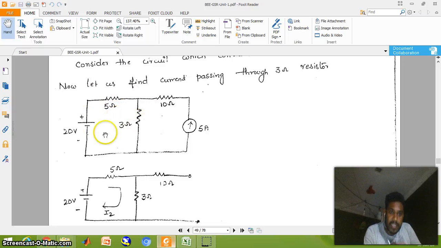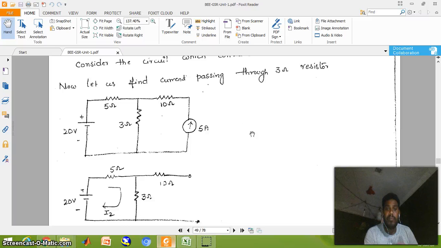That equivalent resistance is in series with the 10 ohms resistor. So first calculate the R equivalent of the circuit. The 5 ohms and 3 ohms are connected in parallel, so their equivalent resistance is 5 into 3 by 5 plus 3. Calculate that value. That equivalent value is in series with the 10 ohms. So the equivalent value plus 10 ohms is equal to the total network equivalent resistance.